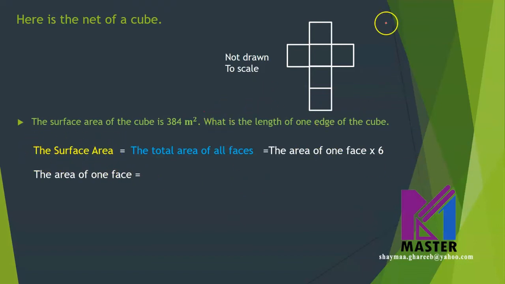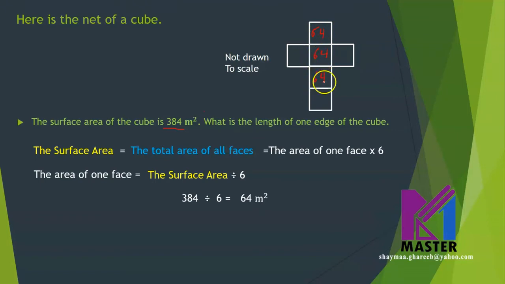If I divide the total area by the number of squares, I will get the area of only one square. So 384 divided by 6 equals 64 meters squared. So the area of each square here is 64 meters squared.